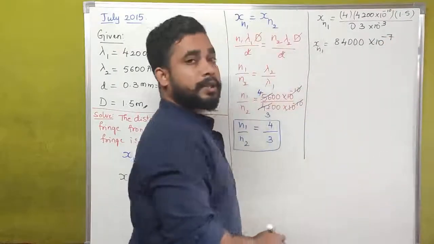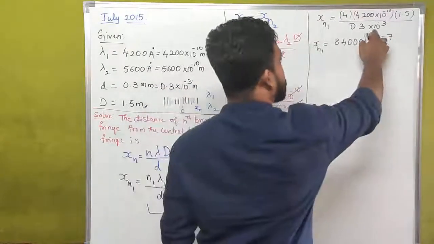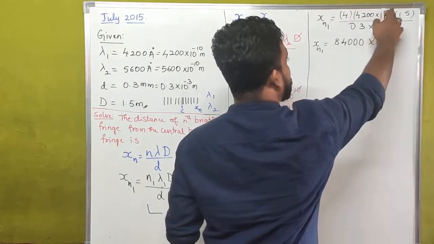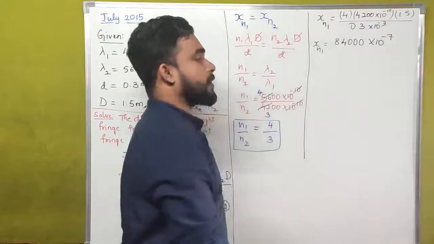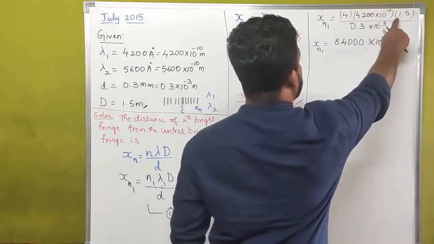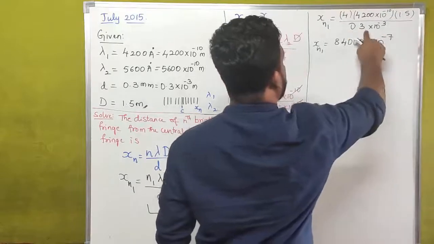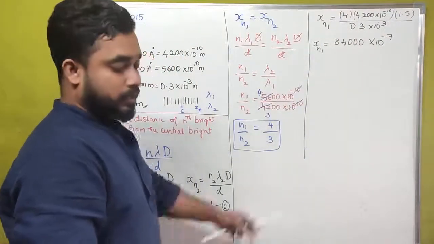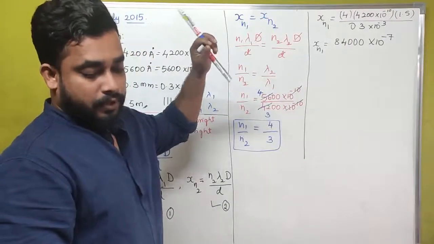How did we get minus 7 here? Here we have minus 3 and minus 10; 10 to the power of minus 3 gets cancelled, and the remaining thing is 10 to the power of minus 7. So 4 into 4200 into 1.5 divided by 0.3 is equal to 84,000. This is actually the position of a wave.